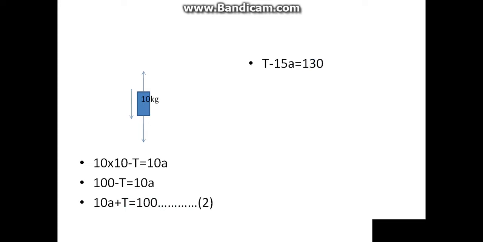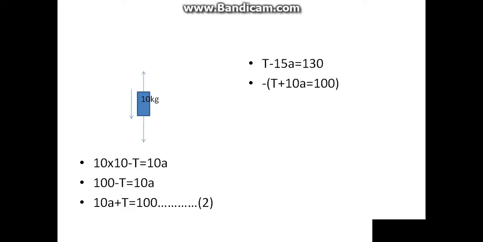Using the elimination method to solve the simultaneous equations, we now have T minus 15a is equal to 130, and in brackets minus T plus 10a is equal to 100.